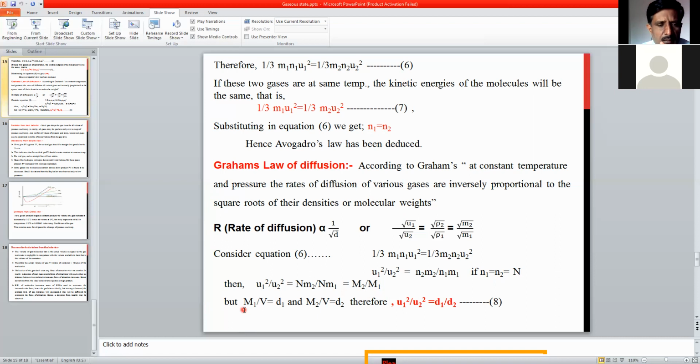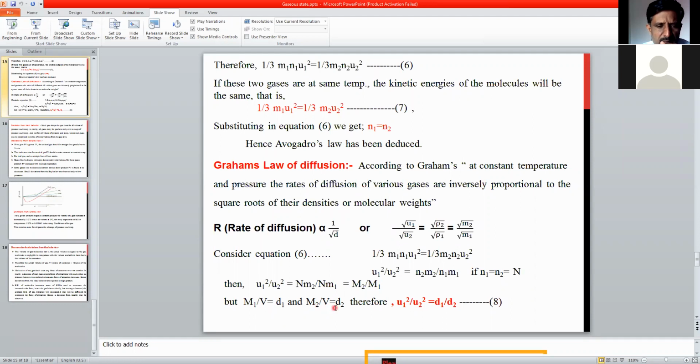We know that density is nothing but mass divided by volume, the mass to volume ratio. Here m1 divided by V is the density of gas number 1, denoted by D1.